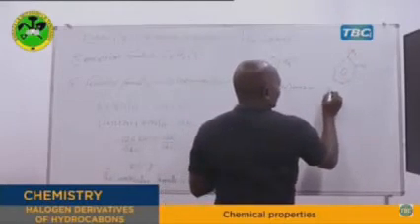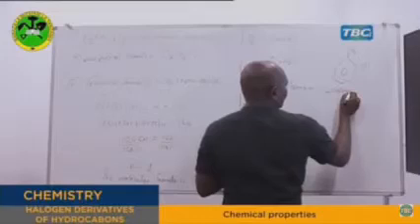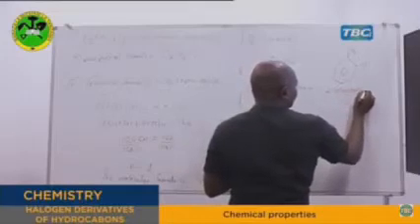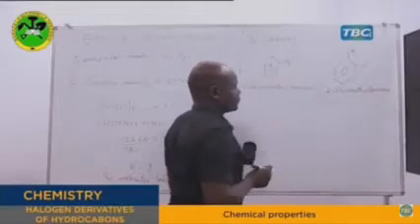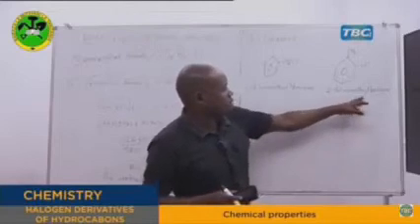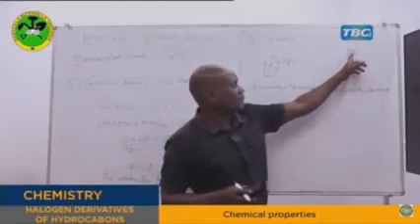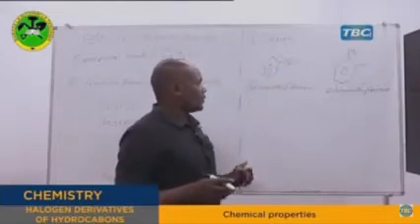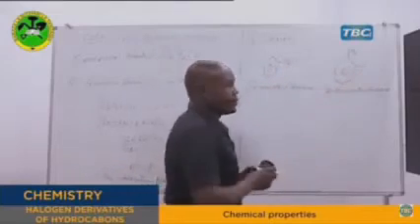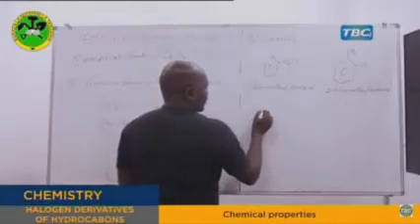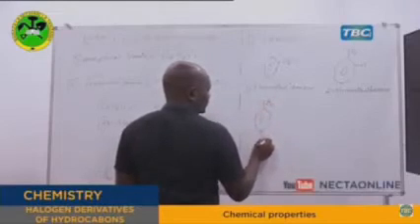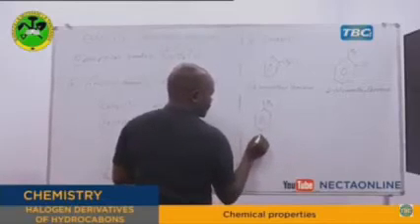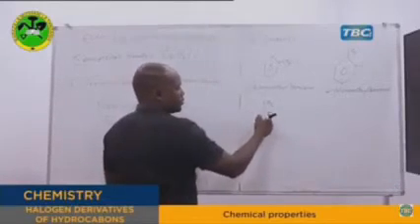Which is known as 2-chloromethyl benzene. So this is 2-chloromethyl benzene, but there are 7 carbon atoms, 7 hydrogen atoms, and 1 chlorine atom. But also another isomer can be this one. And this is 1, 2, 3, 4.